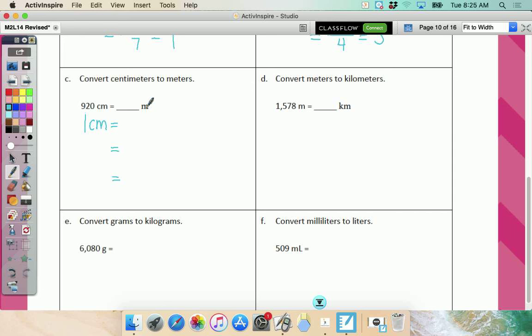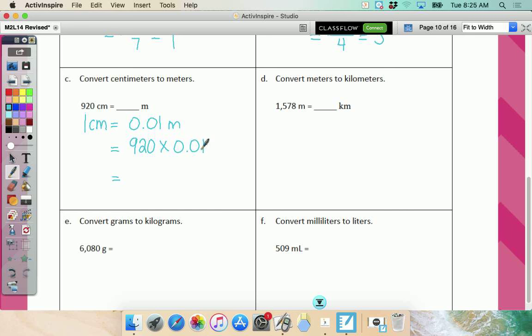How many centimeters are in a meter? 100. So instead of writing the number 100, I'll write 100th. Good. And the decimal's easier to work with here. So what do I multiply, Daniel? 920 times 100th. Very good.